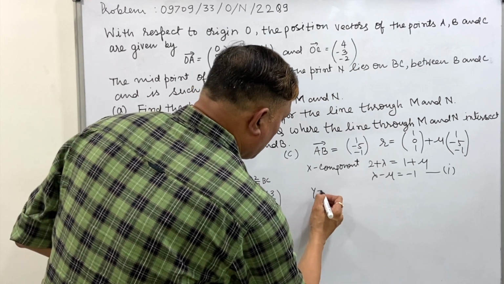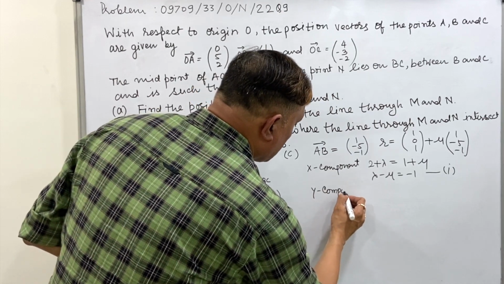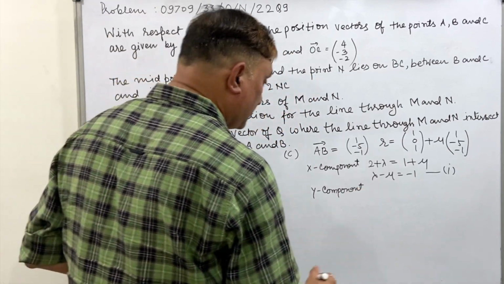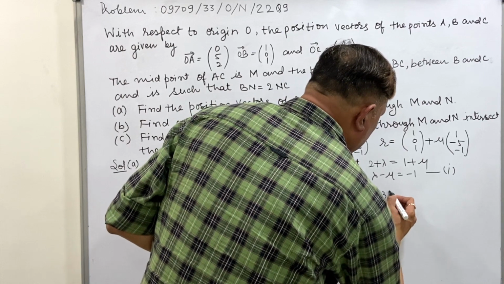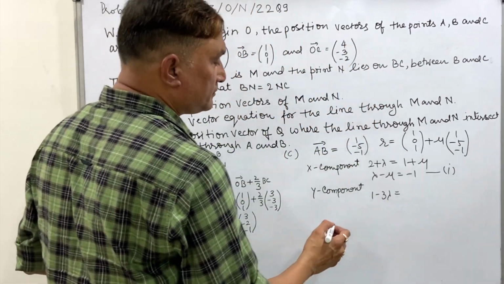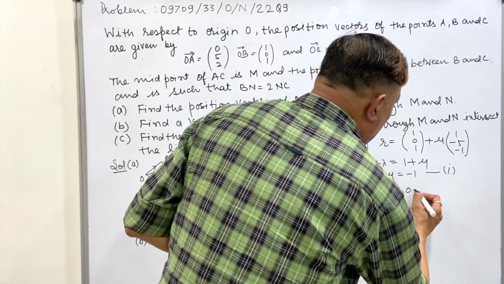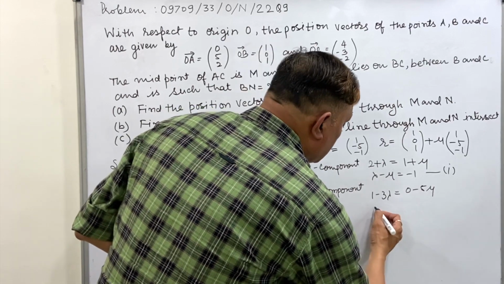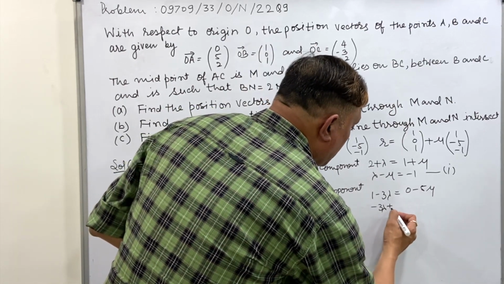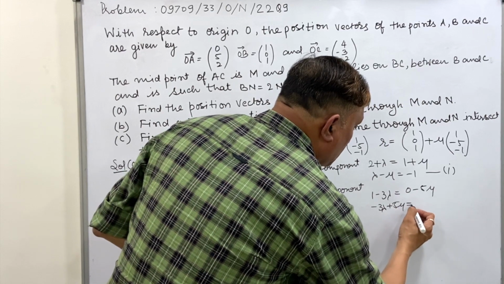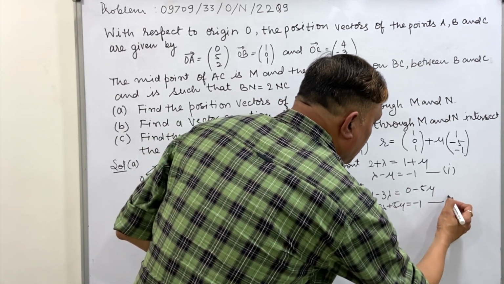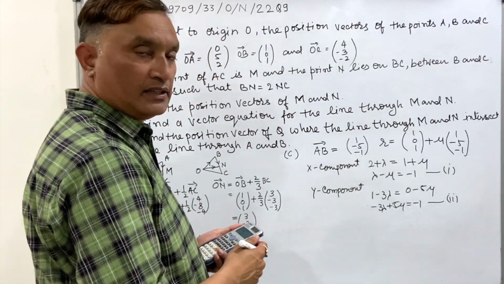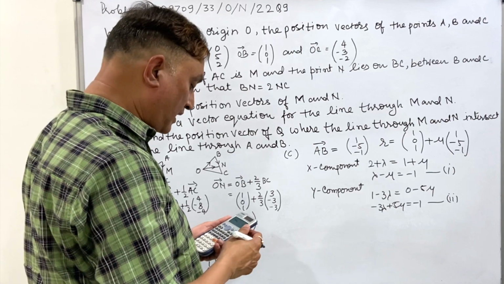Then y component: 1 minus 3 lambda equals 0 minus 5 mu. So I will write here -3 lambda plus 5 mu equals -1, and this is my equation number 2. So simultaneously I will solve it and get the values of lambda and mu.